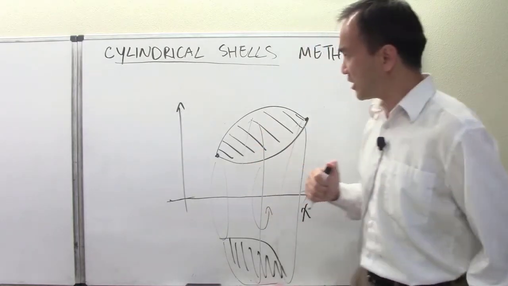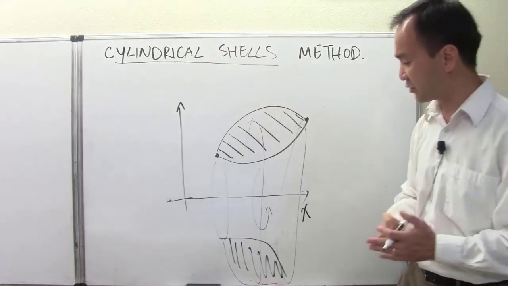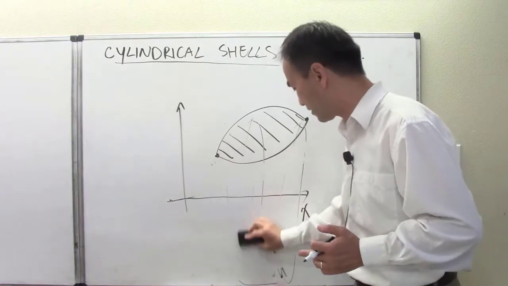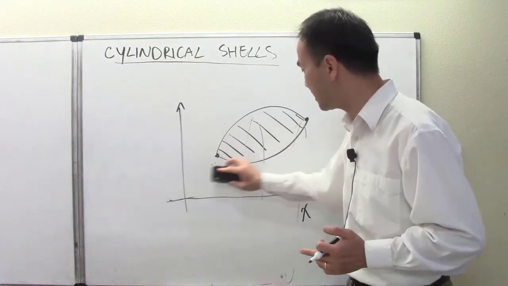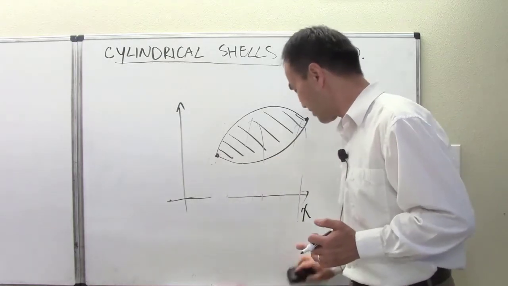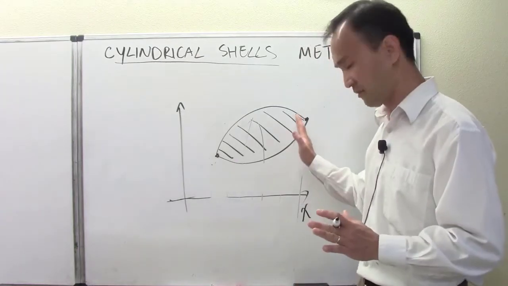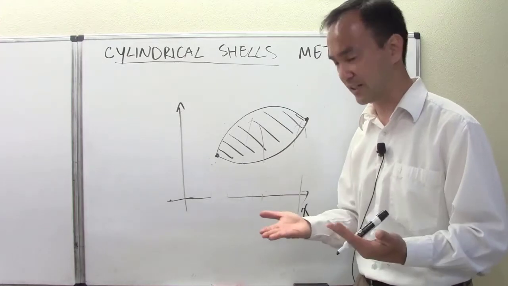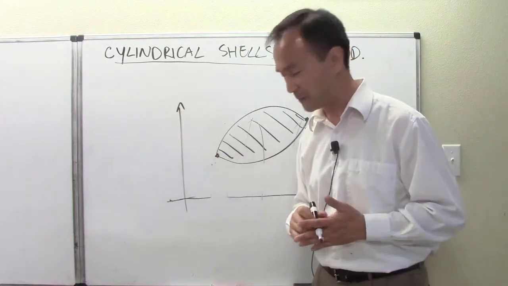Before we can really understand what the cylindrical shell method is all about, let's look back at the method that I have introduced before. Again, in my teaching style, usually this method is learned after you have seen the disc or the washer method.